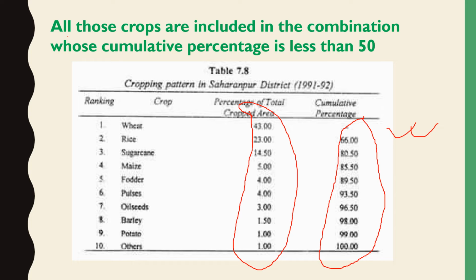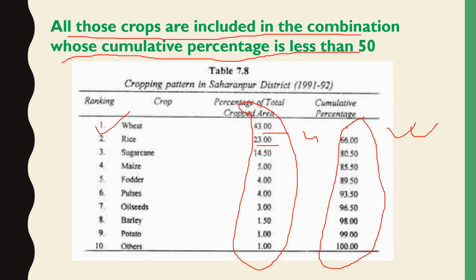According to Doi, all those crops are included in the combination whose cumulative percentage is less than 50. So here the first crop wheat occupies 43% and the next is automatically included to make the percentage above 50%.